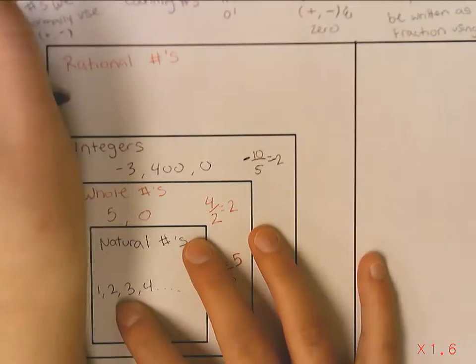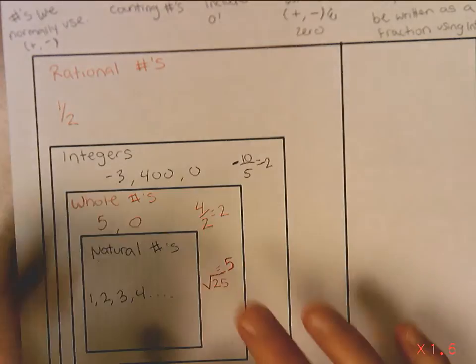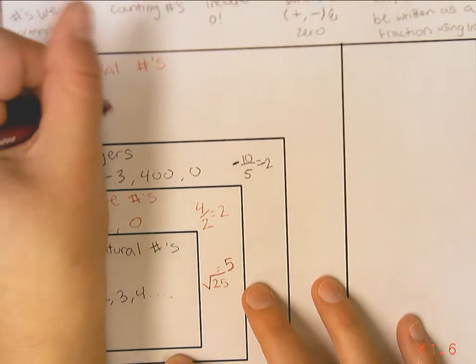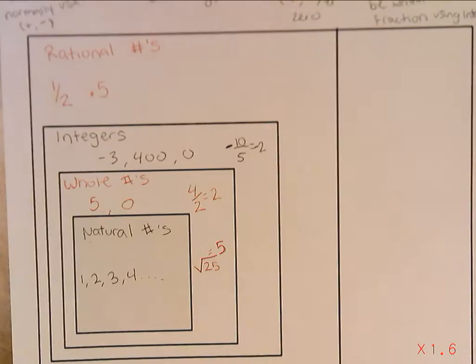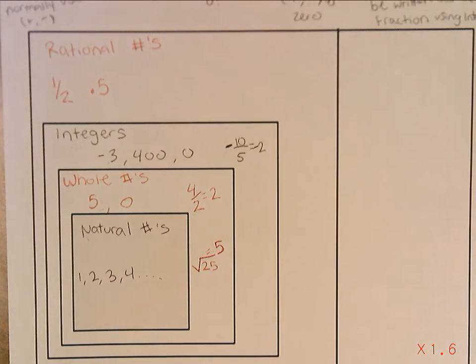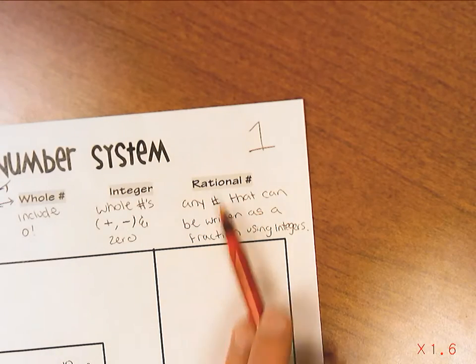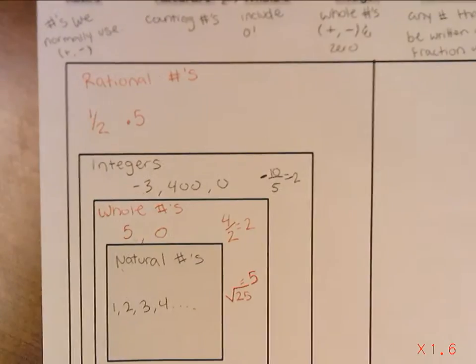Okay, so if you have a rational number, it might be 1/2 or 0.5, because 0.5 can be written as 1/2. And if it can be written as a fraction, then it's a rational number.